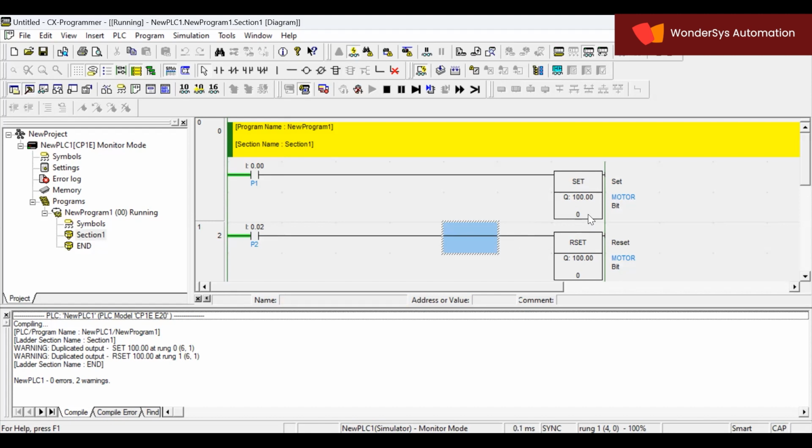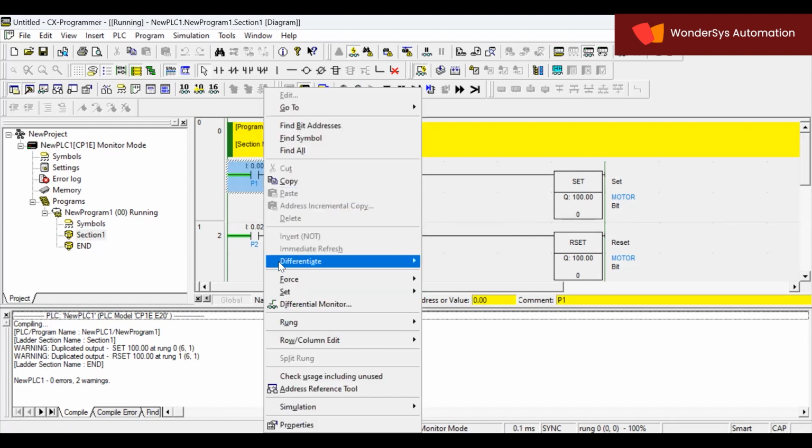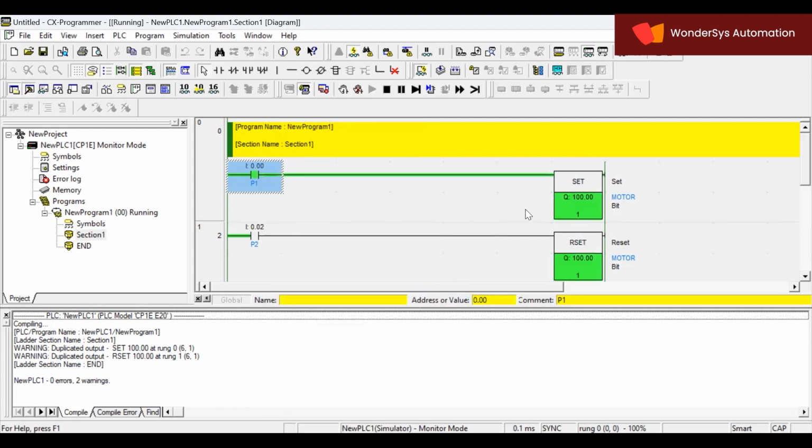Whenever I have not taken a new project and have just continued there, it will take the previous condition. Let's say in the previous condition this motor is on, then when I run it, it will be in the on state. Now let me turn it on. When I turn it on, the motor is on.